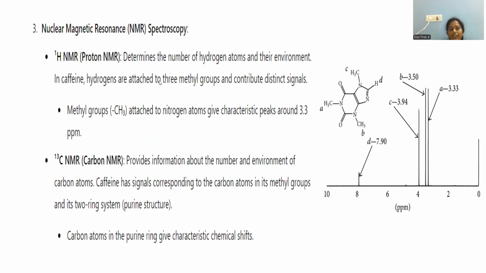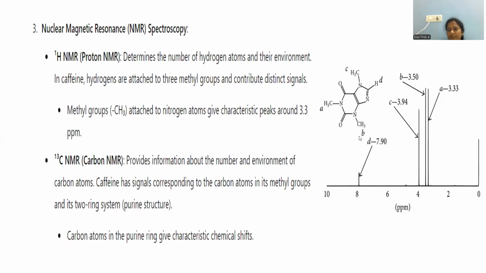Proton NMR spectrum determines the number of hydrogen atoms and their environment. In caffeine, hydrogens are attached to three methyl groups. If we observe here, a methyl is here, a methyl is there, so all three hydrogens are of different environments, so we can mention them as A, B, and C. Though all are methyl only, they do not have a similar environment in their surroundings, so we have to designate them differently.